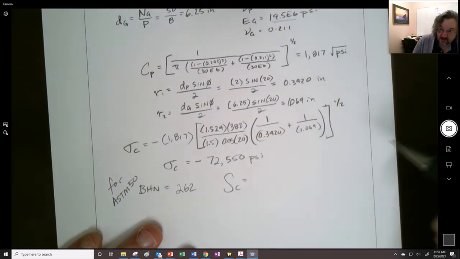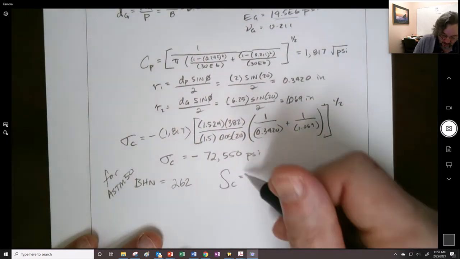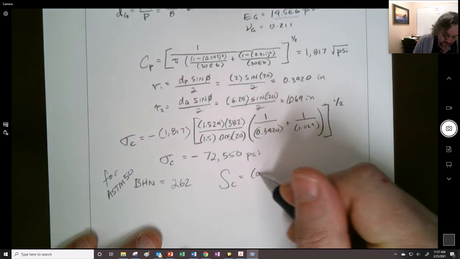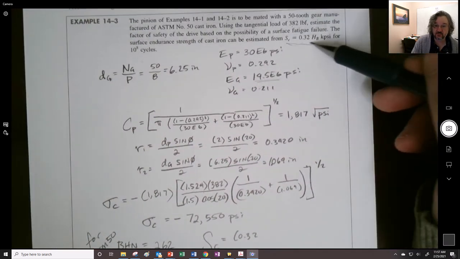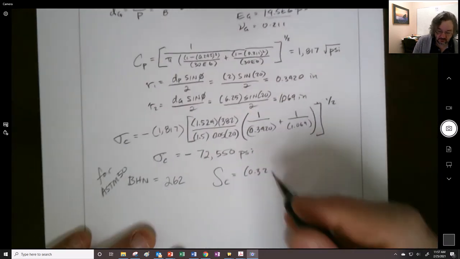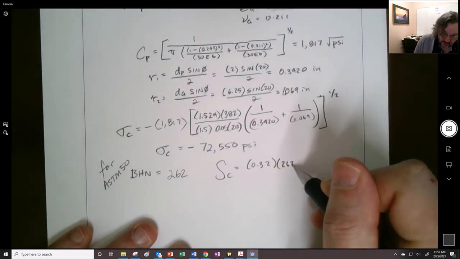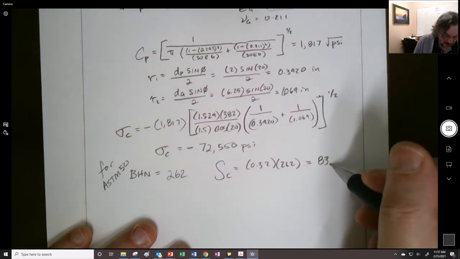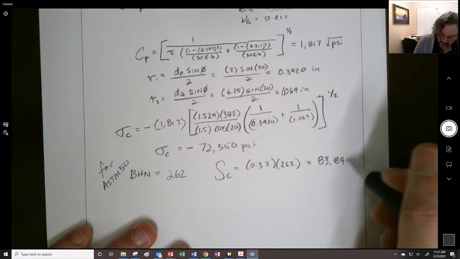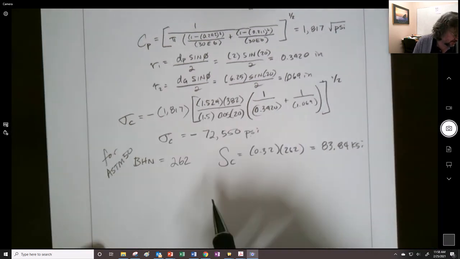That's the contact endurance strength, which is just going to be 0.32 because we're told this right up here, times 262. It ends up with 83.84 KSI, right? This is PSI, that's KSI, so make sure we're comparing properly here.